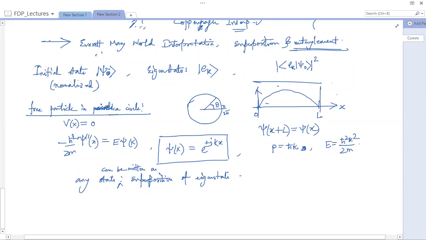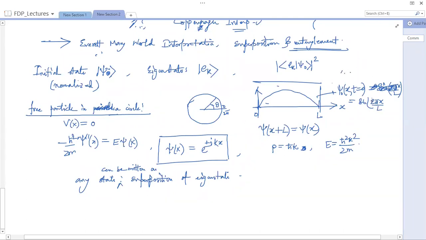This is periodic, and you start with psi naught at x, t equal to 0, as sine of n pi x by L. Let's say sine of pi x by L.